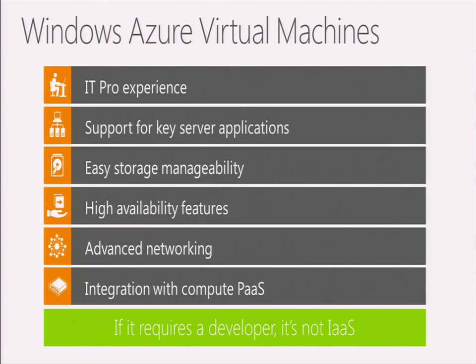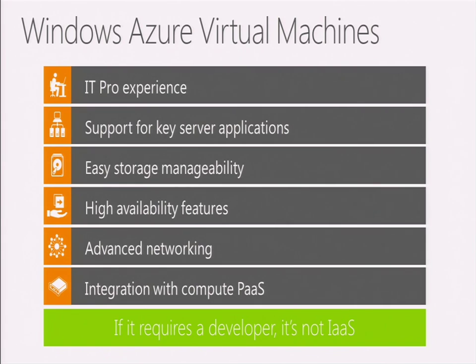But you have that manageability of the storage. You have high availability features, as I mentioned. You have advanced networking, so you can take advantage of the virtual networking capabilities that you have on premises and also now in Windows Azure. You can connect your IaaS environment in Azure to your on-premises environment or to a partner data center environment.